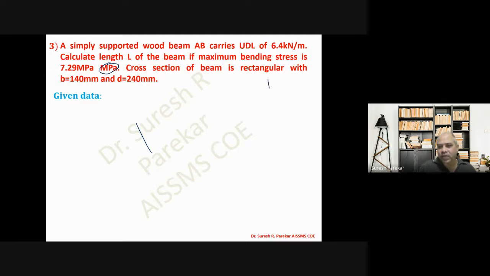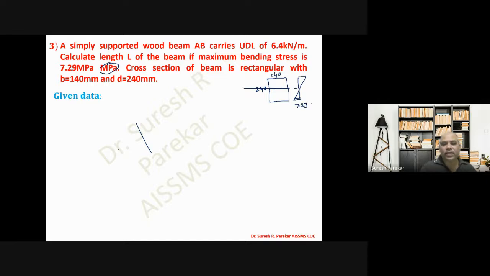If we draw the diagram of this, we get it in this fashion. We have this as 140 and this as 240, and if we plot the bending stress diagram, we get it in this fashion, and we have the maximum bending stress of 7.29.